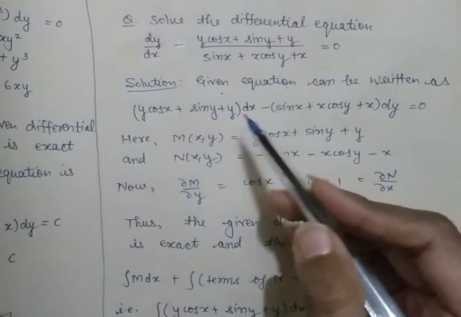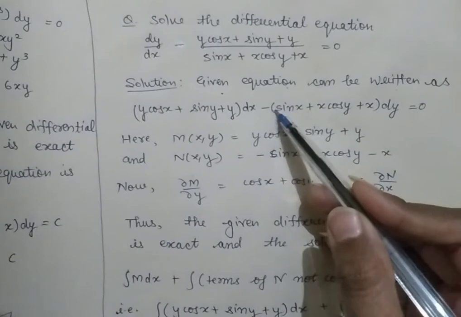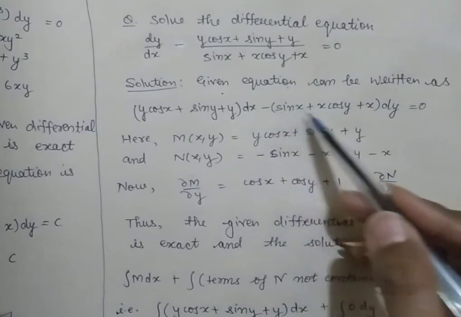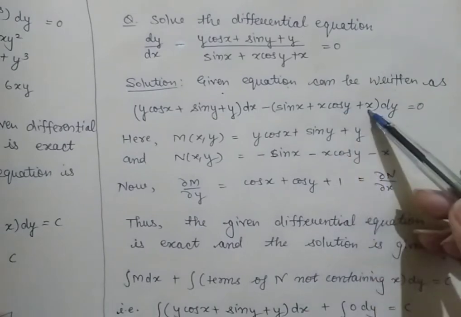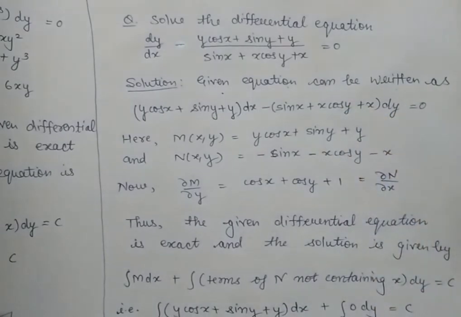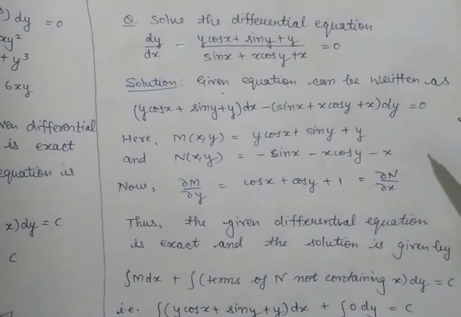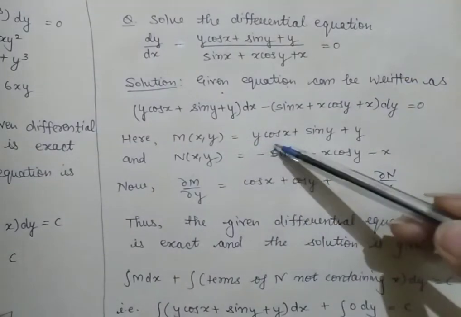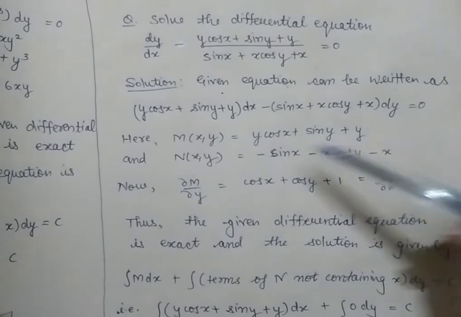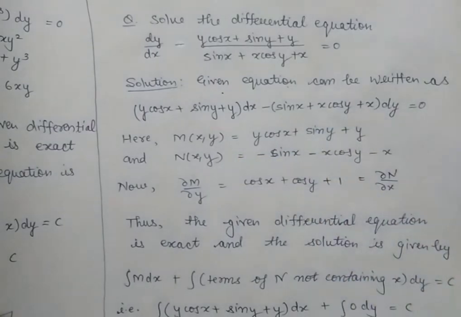So for M dx plus N dy equal to 0, we will take this minus within the brackets, that is, we will take N as minus sin x minus x cos y minus x. So on comparing this differential equation with the original M dx plus N dy equal to 0 form, we get M is y cos x plus sin y plus y and N is minus sin x minus x cos y minus x.